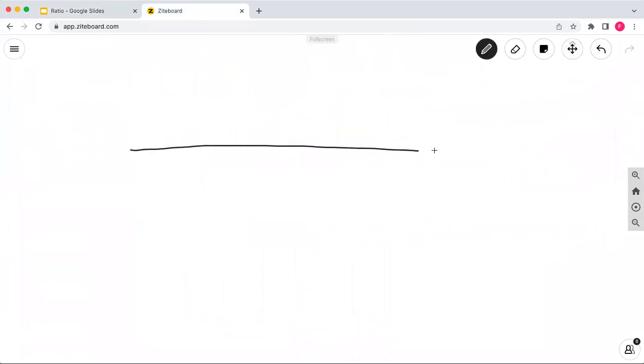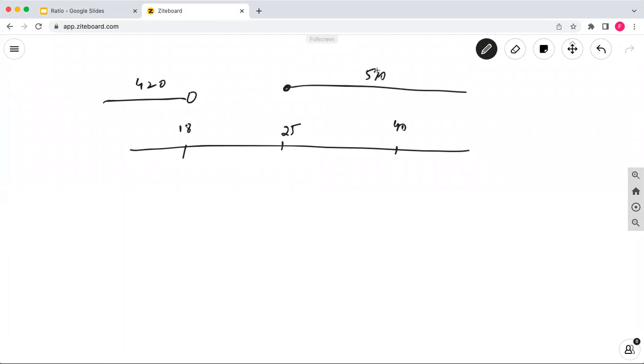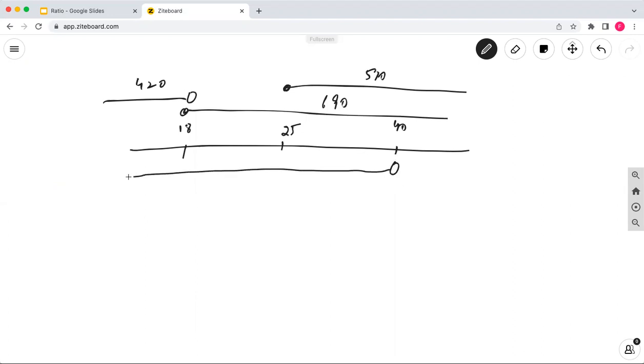We have a number line and we have 18, 24, 25, and 40. The first thing is less than 18, that is 420. The next one is 25 or greater, that is 510. The third one is greater than or equal to 18, that is 690. And the last one is less than 40, that is 810.